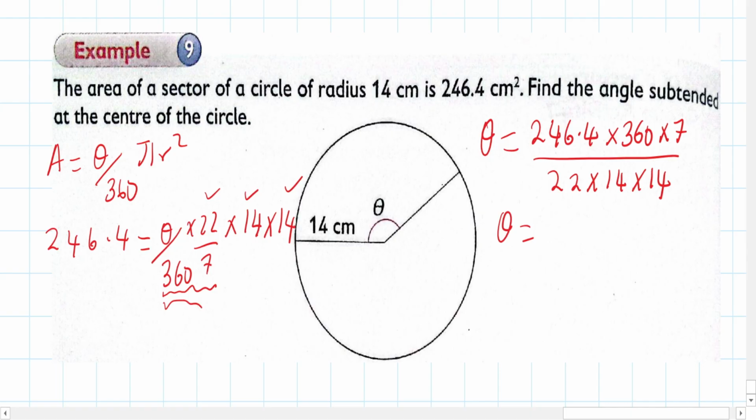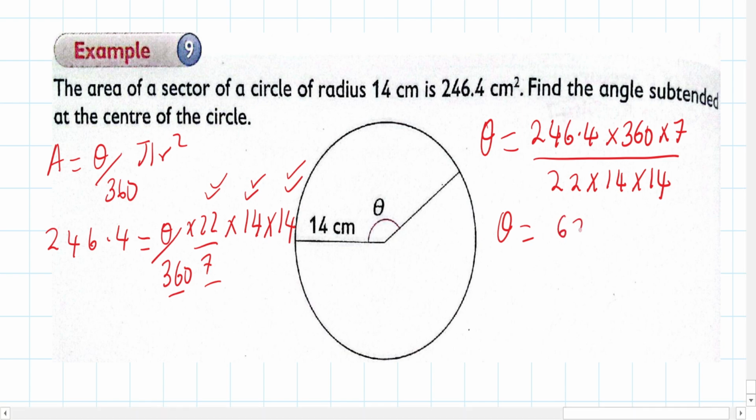So again, I'm repeating once more. If you want to get theta, you'll multiply by whatever is at the bottom, that is 360 and 7, and you'll divide by whatever is at the top. Okay, so 246.4 times 360 times 7, and then divide by 22 times 14 times 14.